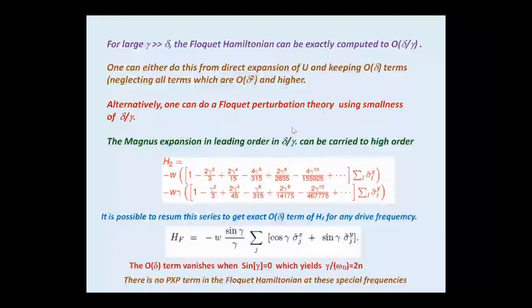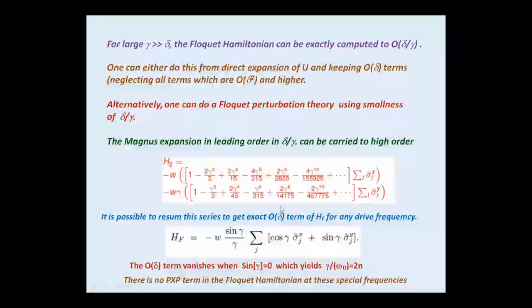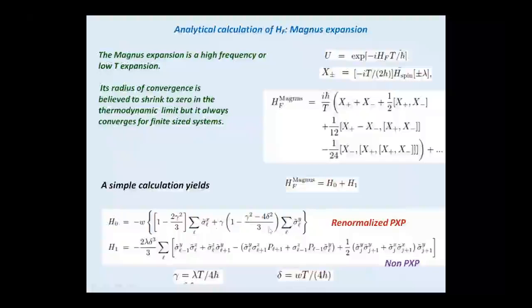Because the oscillation frequency is controlled by the coefficient of the sigma x and sigma y term, as I decrease this frequency, gamma increases, and therefore the oscillation frequency, gamma and delta both decrease, and it turns out that the oscillation frequency decreases.